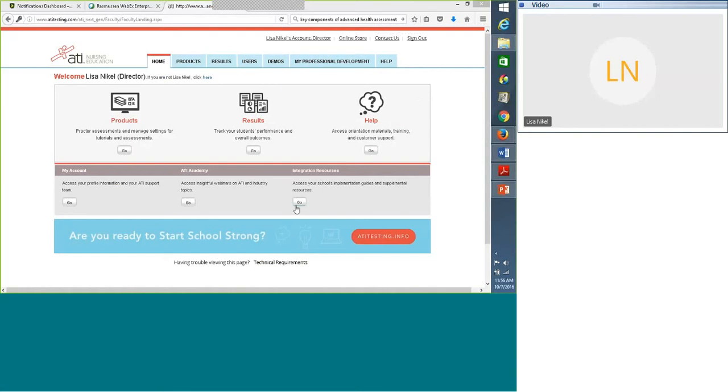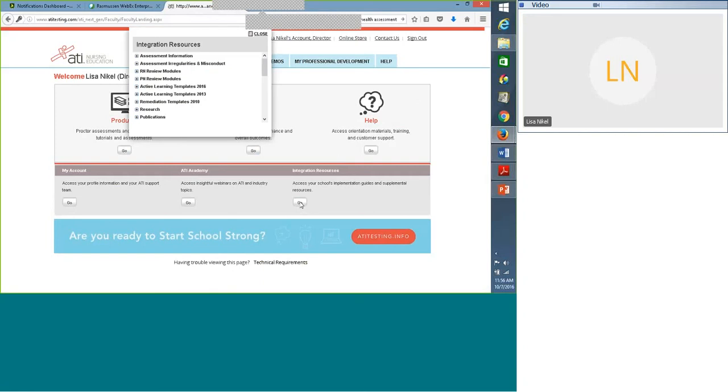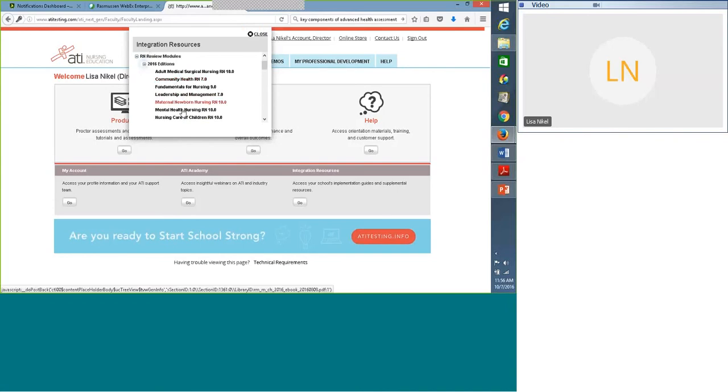In your resources, and again, I believe yours populates already for you, it'll have the review modules. Mine I have to open manually here, 2016 edition. I believe your pharmacology book is in your RN review modules, one of the tabs on your ATI dashboard, and you'll be able to access your book.